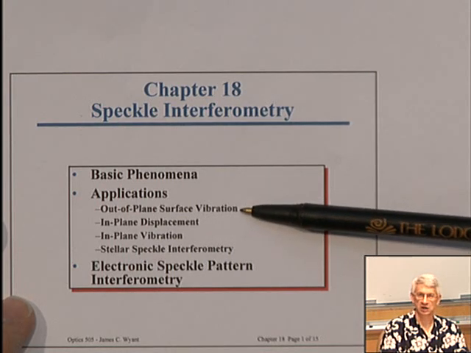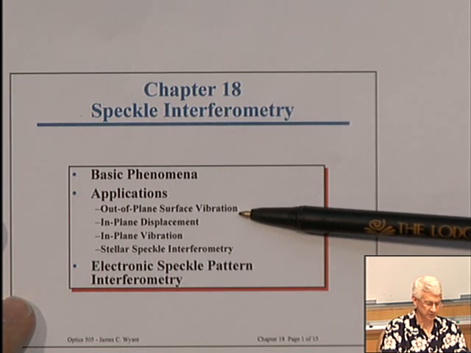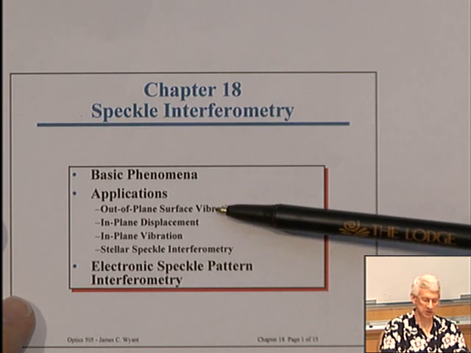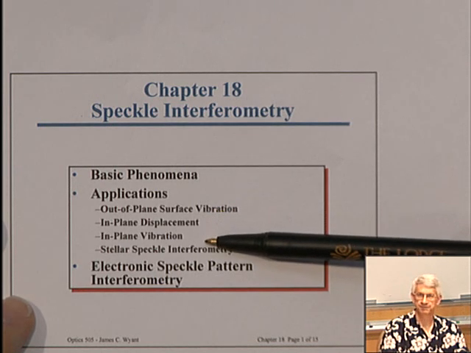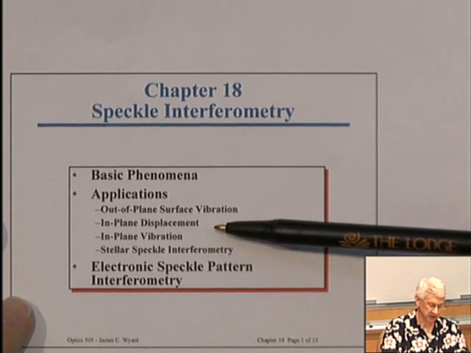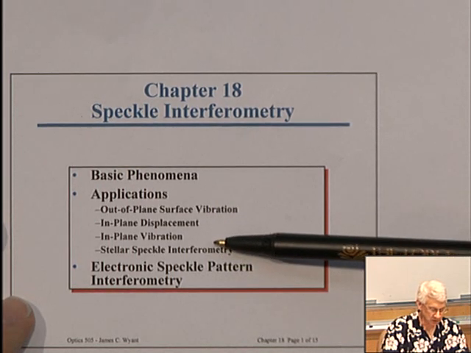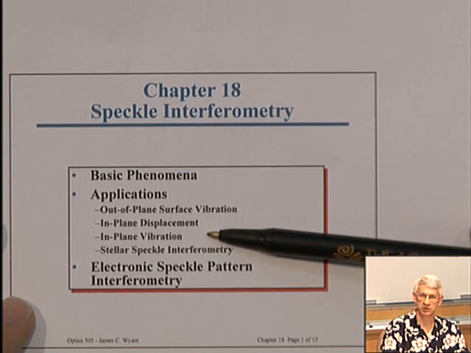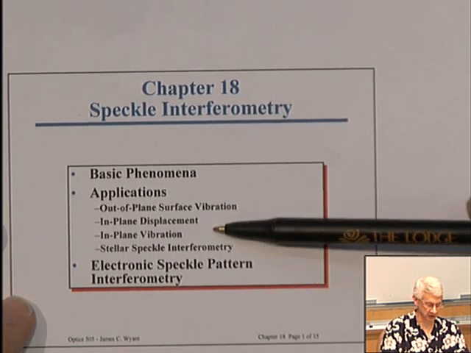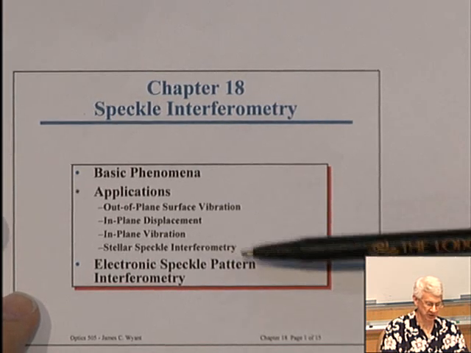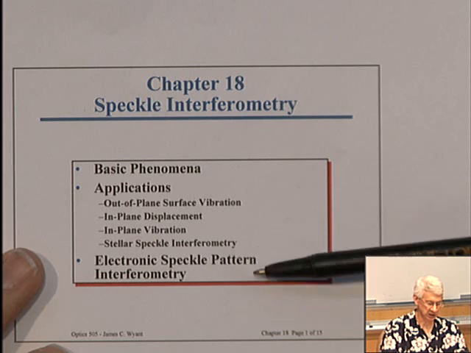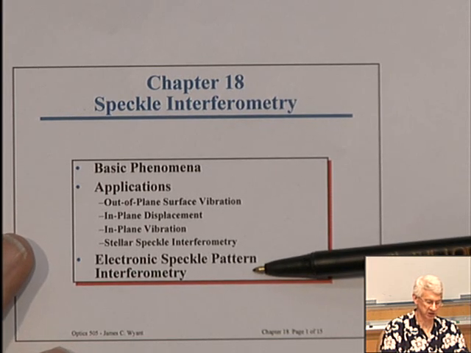Those include looking at vibrating surfaces and different types of displacement: in-plane displacement, that's the focus direction, and out-of-plane displacement, and then vibration like we did with the rotating membrane in holography in extra Lecture A. And then something called stellar speckle interferometry. And then we're going to talk very briefly about electronic speckle pattern interferometry.